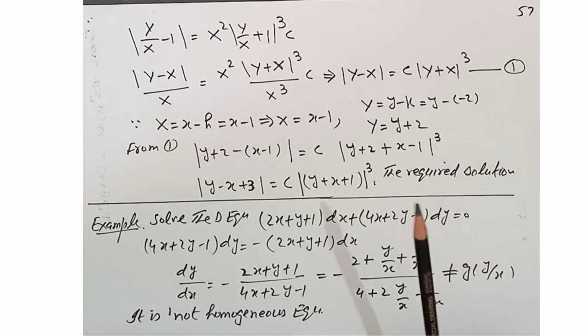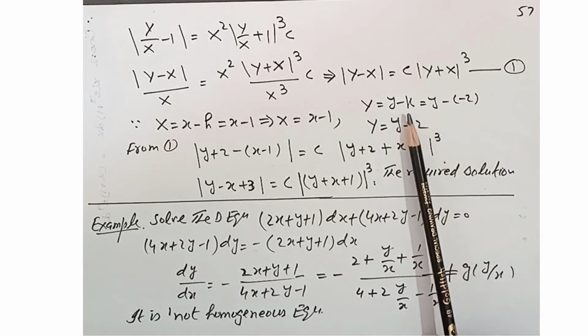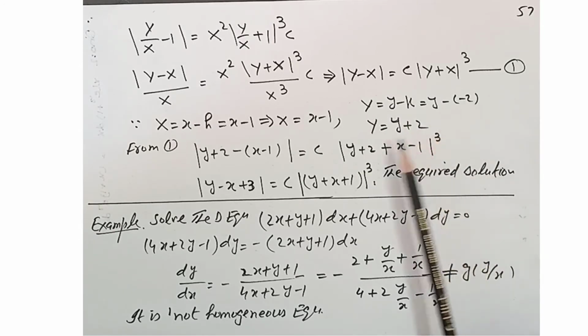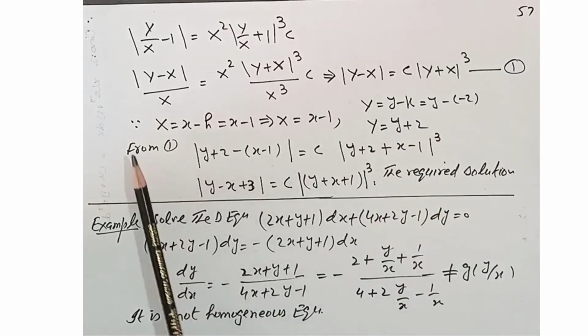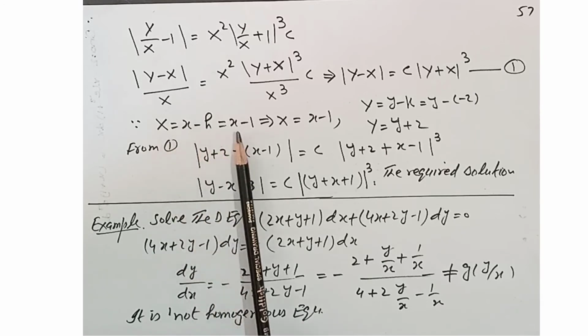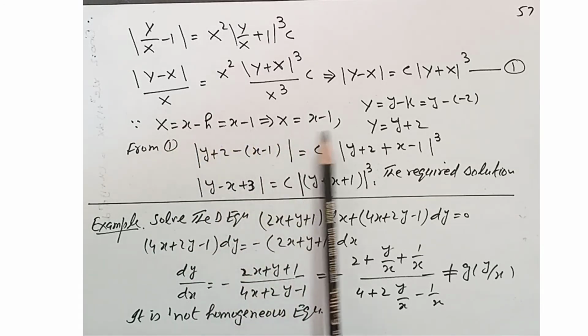Now we have capital Y equal to y minus k. So in place of k, the value of k was minus 2, and this is y plus 2 for capital Y, and capital X was x minus h, and the value of h is 1. So capital X is equal to x minus 1.